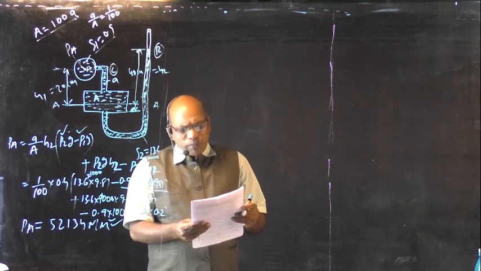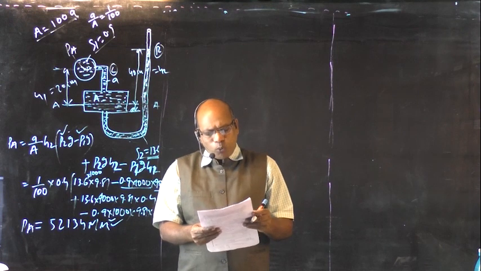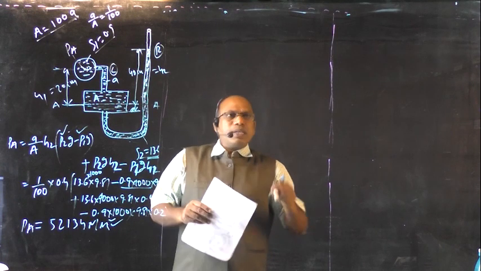A differential manometer is connected at the 2 points A and B of 2 pipes as shown in the figure.